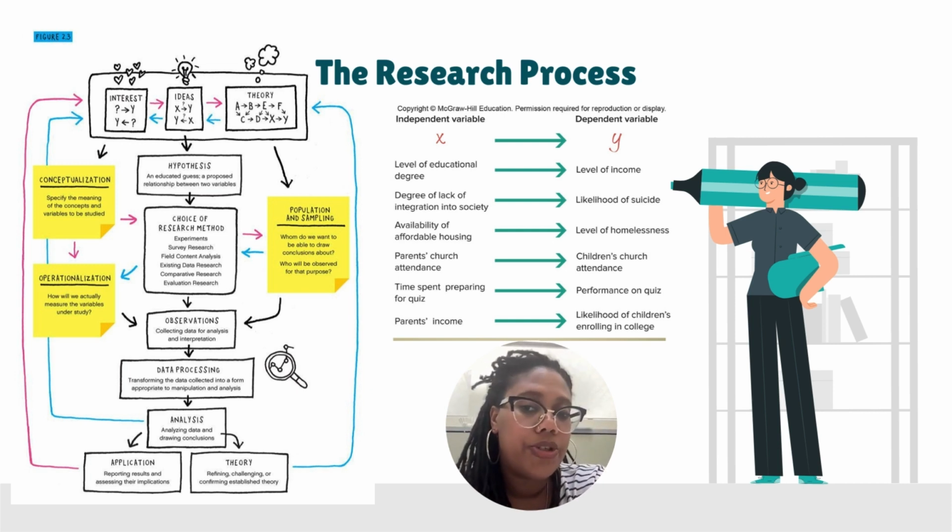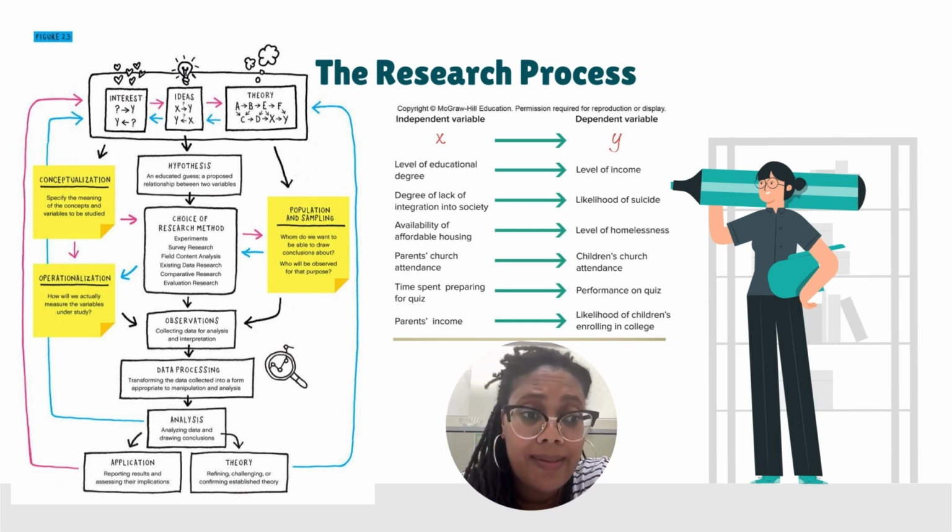Finally, I want to introduce you to three more terms that are important: validity, reliability, and generalizability. Validity is simply measuring what you say you're going to measure. If you operationalize a variable and say that this is what you're looking for, your study is valid if you indeed measure that thing.